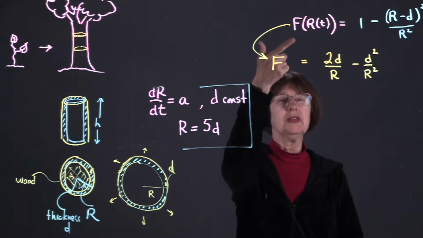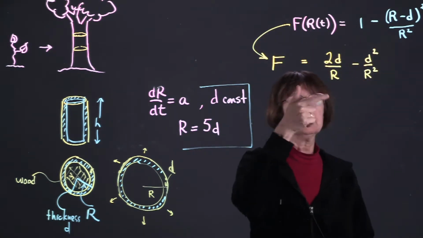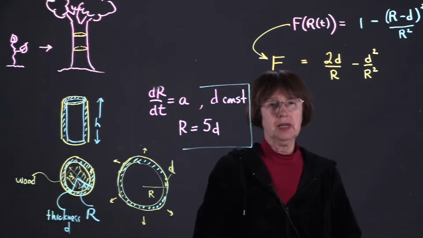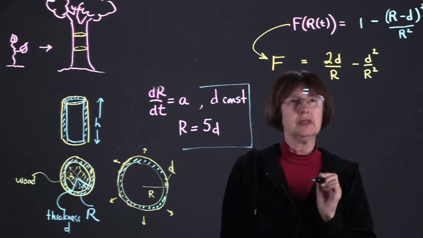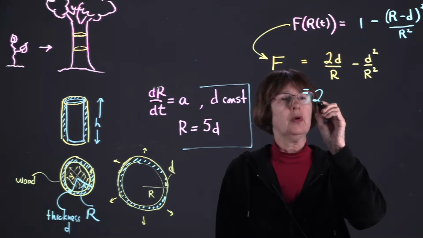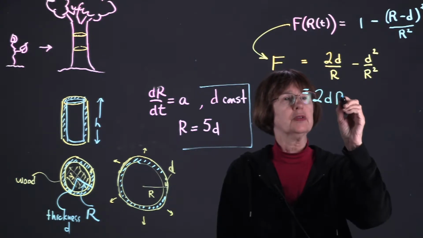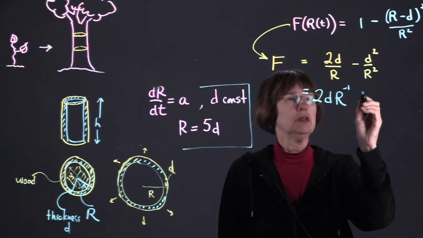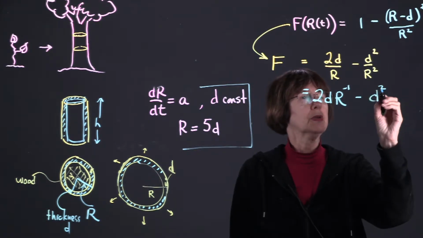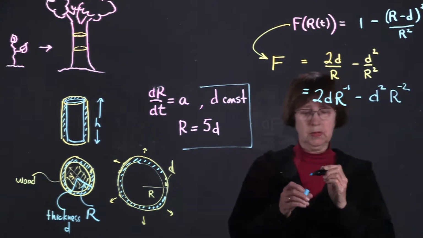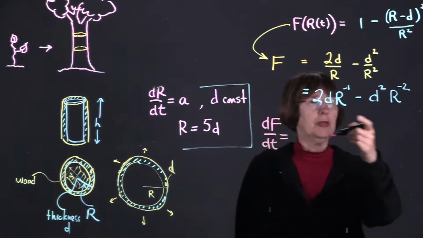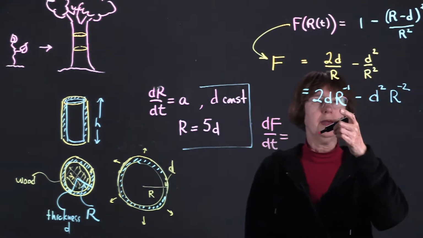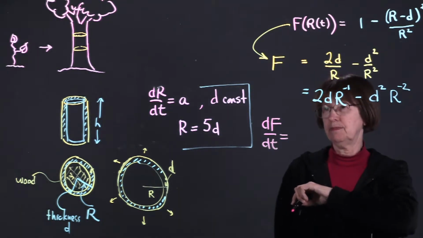So we've seen that this function of the radius can actually be written in a slightly simpler form. It's going to be advantageous to simplify this even further to the form of power functions, since those are very easy to differentiate. So this can be written as follows, and we can now easily compute the derivative of this expression, remembering that capital R depends on time.